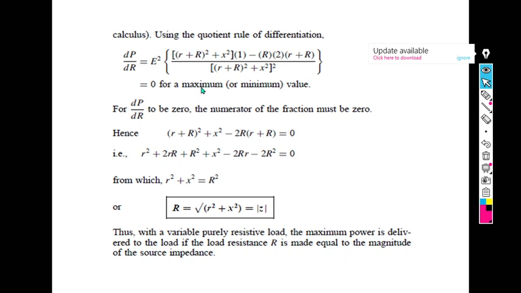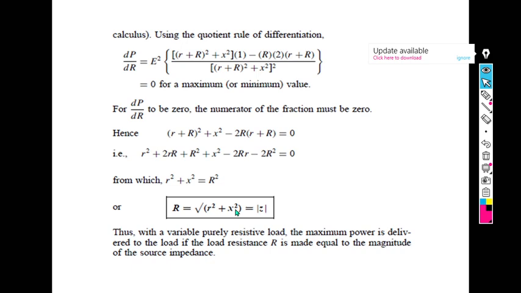So for dP by dR equal to 0, we can say that maximum power we can obtain at this condition. If I solve this, you can solve it because you know how to solve it. Then you can get that r square plus x square is equal to capital R square. So capital R is equal to root over of r square plus x square.